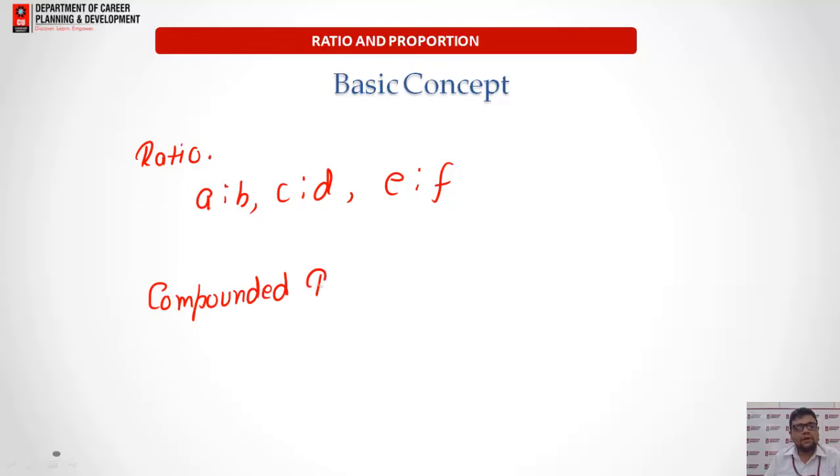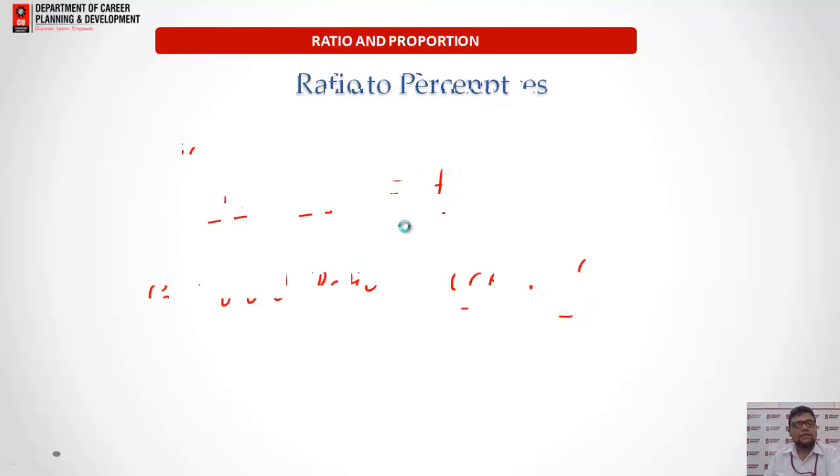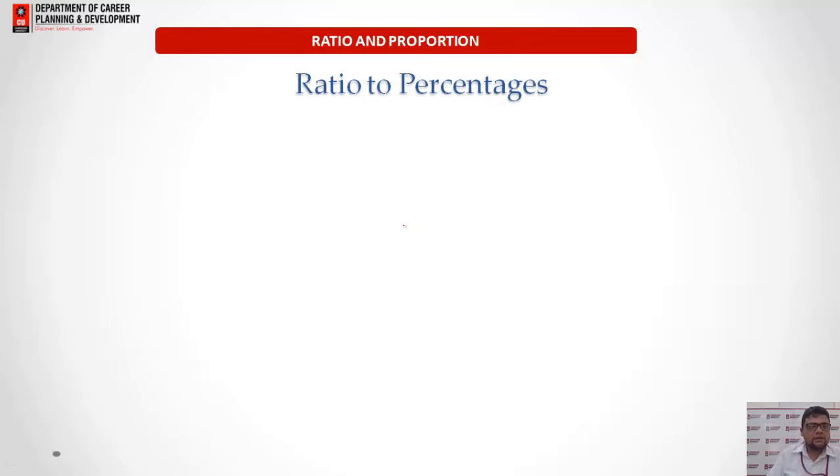Compounded ratio of the three ratios given to us will be A into C into E is to B into D into F. This will be the compounded ratio of the three ratios given to us, that is A is to B, C is to D and E is to F. Okay, so these are the different ratios which we have to find.